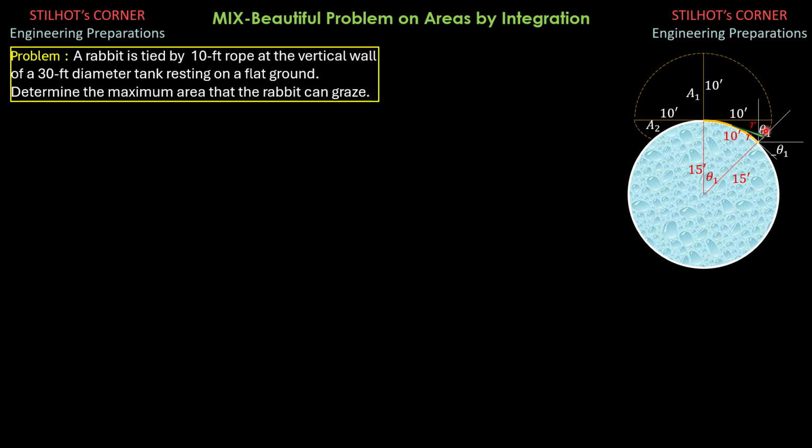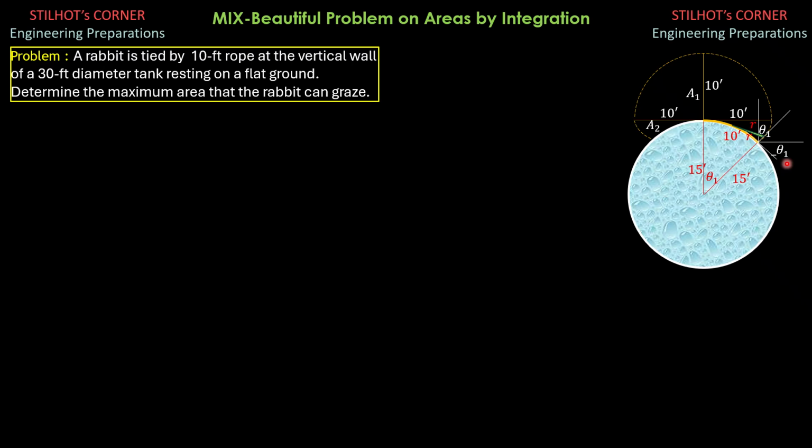Since this is vertical and this is horizontal, the measure of this angle is 90 degrees minus theta 1. The tangent line and the radial line are also perpendicular to each other. So this tangent line and this horizontal line should also be equal to theta 1.